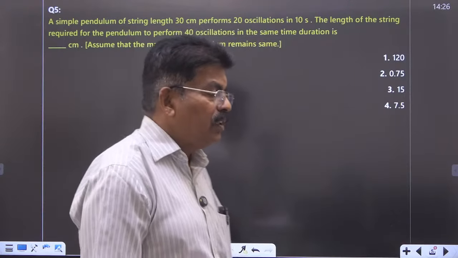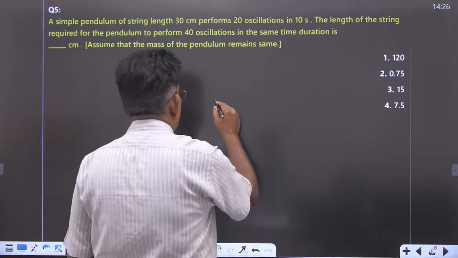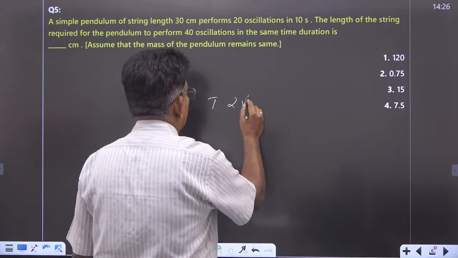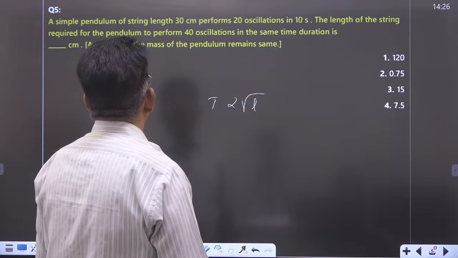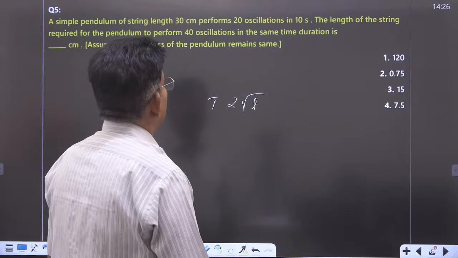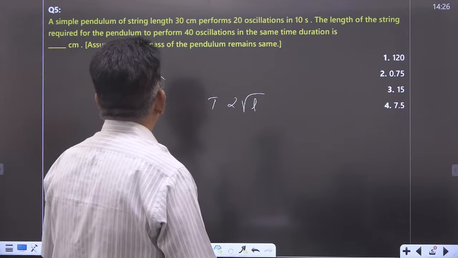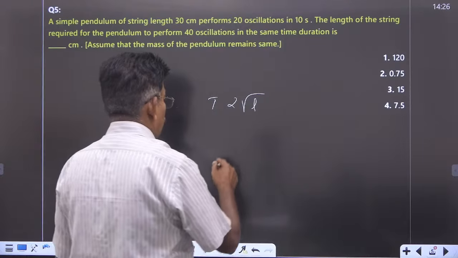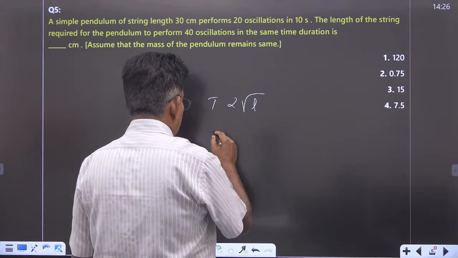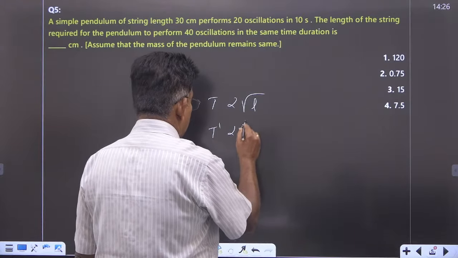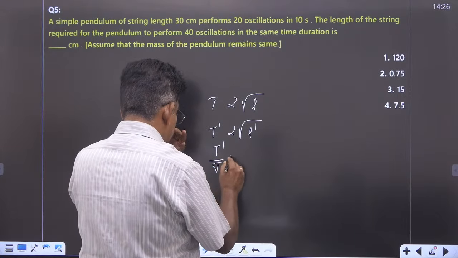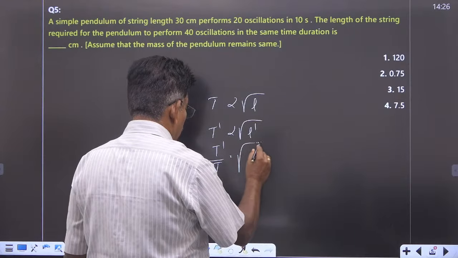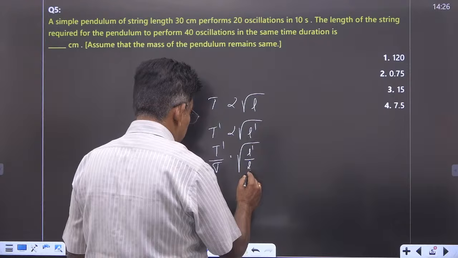So let us write the formula for period. T is proportional to root L. We want the length for 40 oscillations. So T dash is proportional to root of L dash. Therefore, T dash by T is equal to root of L dash by L.